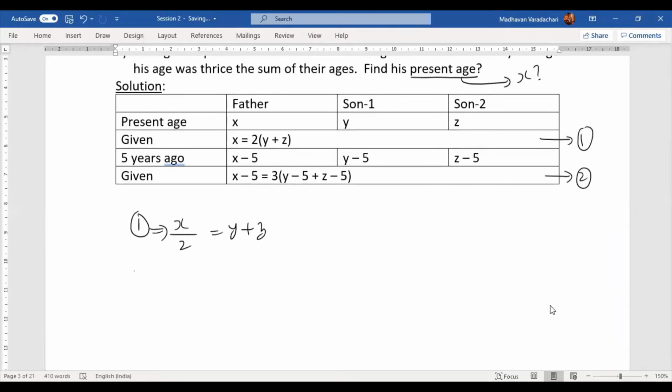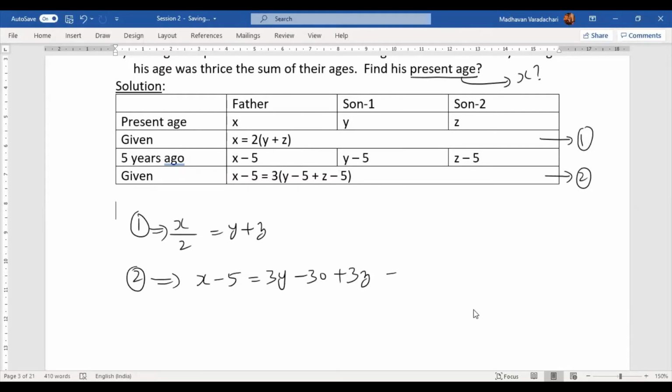Then the second equation is x minus 5 is equal to 3 times y, and here it is minus 5 minus 5. If I add those two, it becomes minus 10. 3 into minus 10 is minus 30, plus 3 times z.